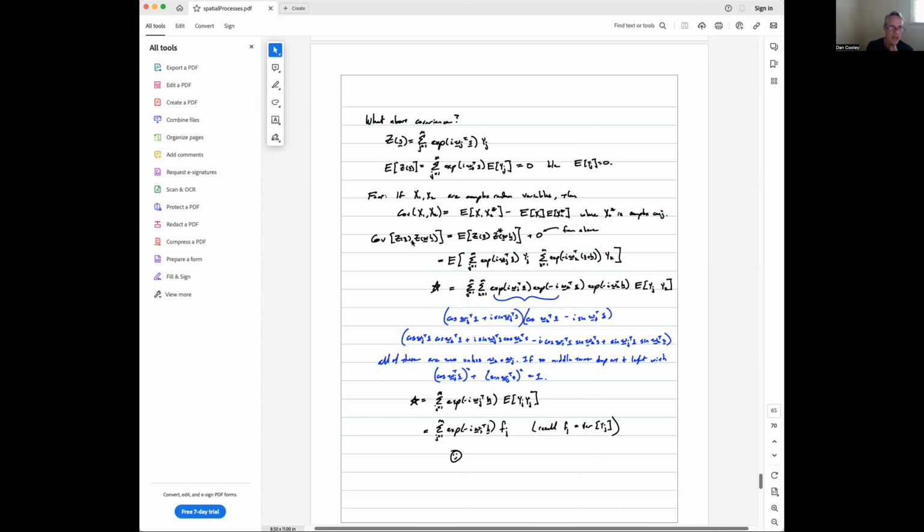These z's are complex, and we need to understand what this means. The covariance of two complex random variables is defined this way, where it's the expected value of x1 times x2's complex conjugate minus the expected value of x1 times the expected value of x2's complex conjugate.